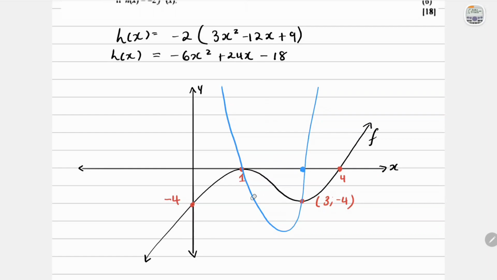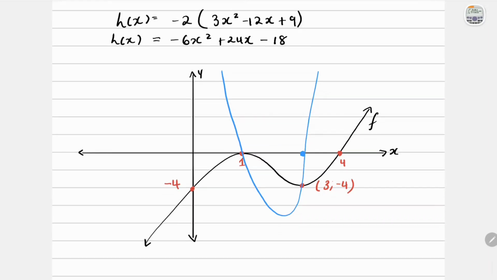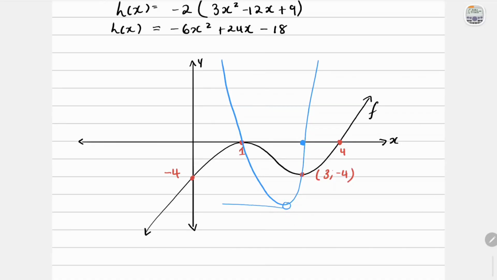So instead of it looking like that, it's going to turn around. Now, all of these other points, whatever this was, are going to be multiplied by negative 2. If it was just multiplied by 2, it would just go further down. So all the y values are just going to be more stretched out, which will make the graph more narrow, really. But it will still pass 1 and 3, because those y values won't change since they're already 0.